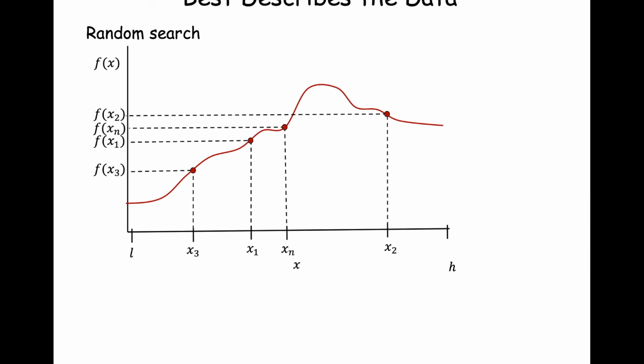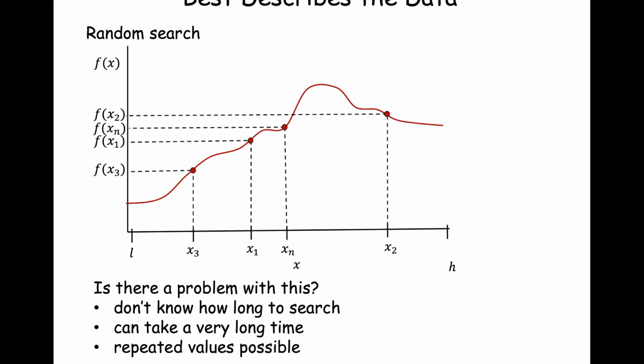Now, of course, this doesn't have the same issue as the sequential search because it doesn't necessarily take a long time. It can limit the n. But we're not guaranteed how long we're going to search. You could search a really long time and never find it, or search a short amount of time and find the maximum.